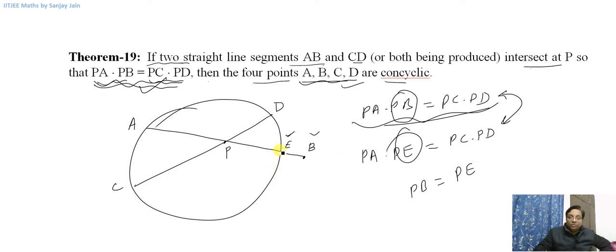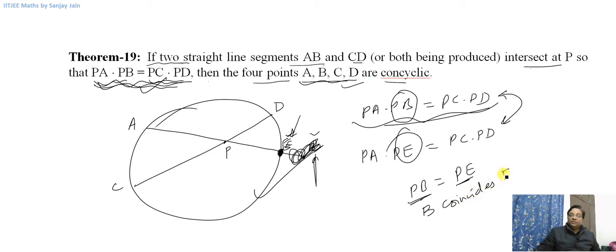So it is not possible for us to have any point E which is apart from this point B, which lies on this circle where PA into PB is equal to PC into PD. Hence, by contradiction, we have proved that E and B cannot be two different points. E and B can only be coincident points, because PB is equal to PE, it can happen only if B coincides with E.